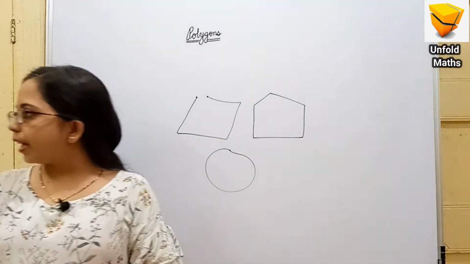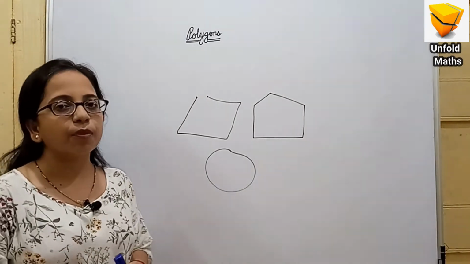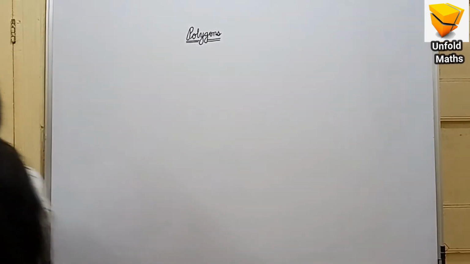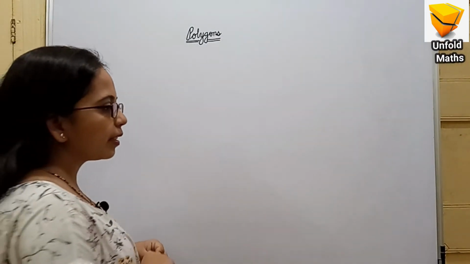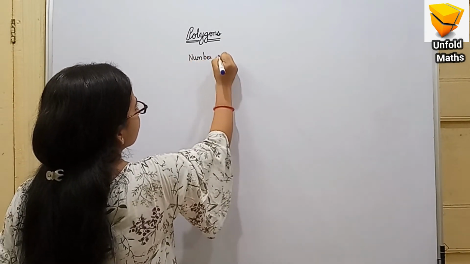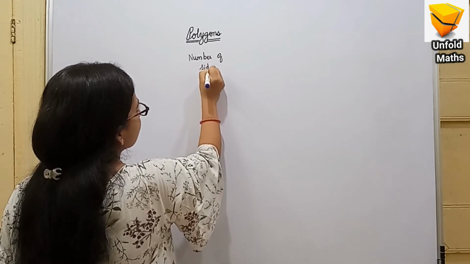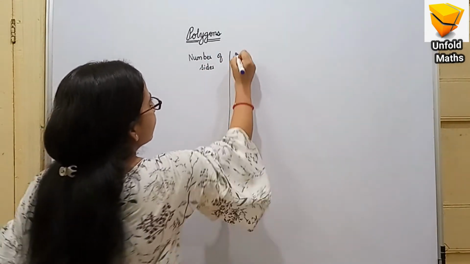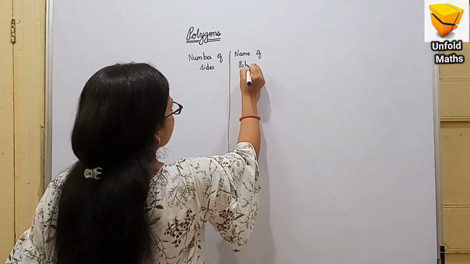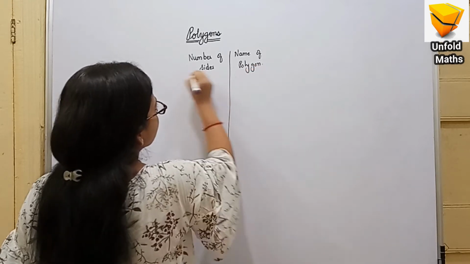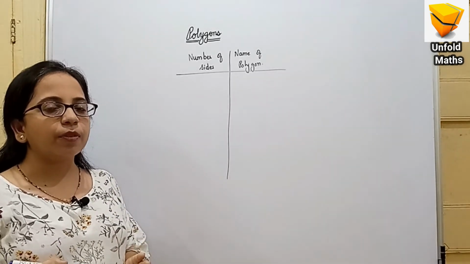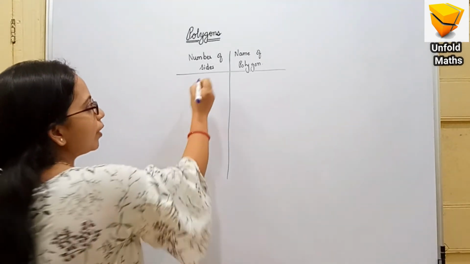So friends, now we will see the types of polygons. I will explain this with a table: number of sides and the name of the polygon. First, the basic polygon which can be made is with three sides.